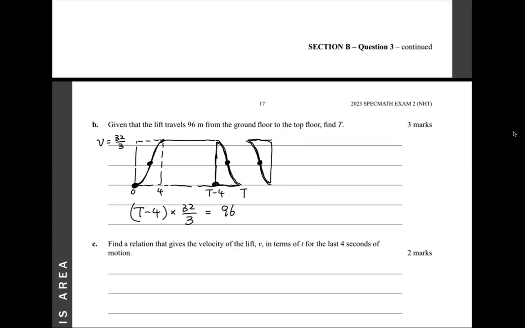Then you just say t minus 4 divided by 3 equals 3, because 3 times 32 is 96. So t minus 4 equals 9, and t equals 13 seconds. But you have to mention using symmetry and the area of a rectangle.